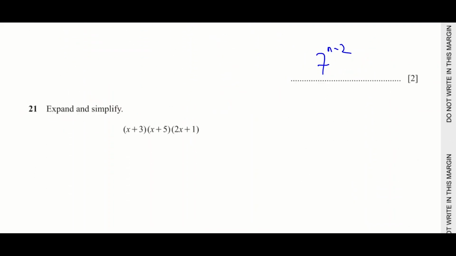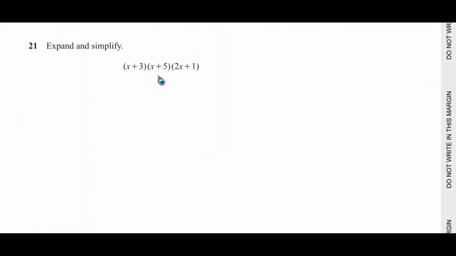So question 21, expand and simplify. So let's expand this. This will be x add 3 into 2x squared plus... 5 times 2x, 10x. So that will be plus 11x straight away, plus 5 times 1, 5. So we can now expand this.